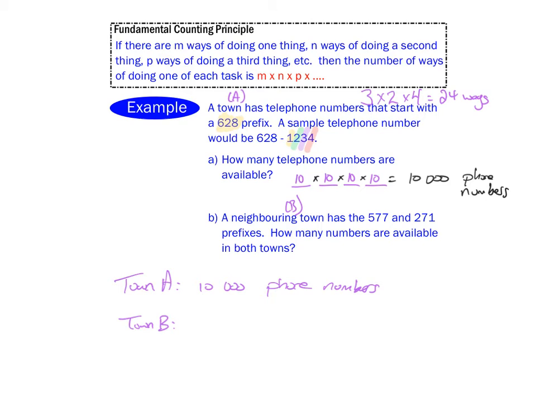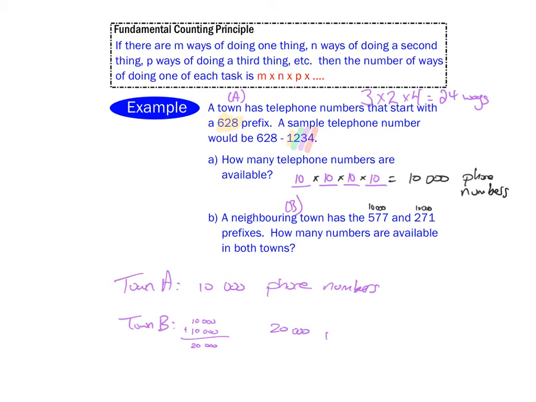Well, for every prefix, that's a prefix, that's a prefix. We saw in part A that every prefix gave us 10,000 phone numbers. So that should tell us then that there's going to be 10,000 phone numbers here and 10,000 phone numbers there. So to figure out the number of phone numbers in town B, it's going to be 10,000 plus 10,000, which is 20,000.